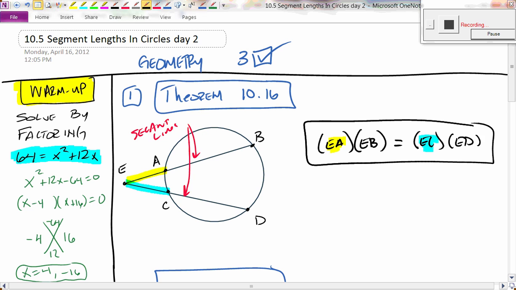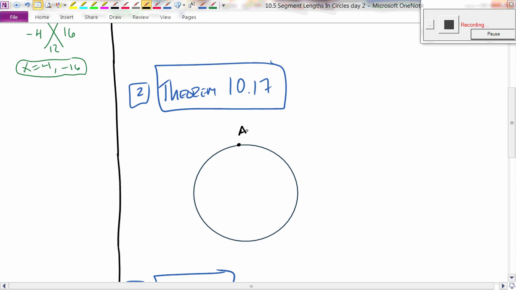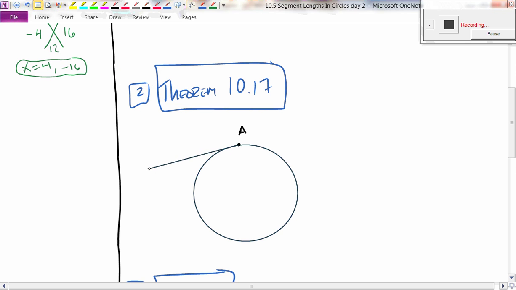Now draw yourself a circle. On that circle, give yourself a tangent. I'll call it tangent A. You can call it whatever you want. And then give yourself another secant line that goes through our circle.